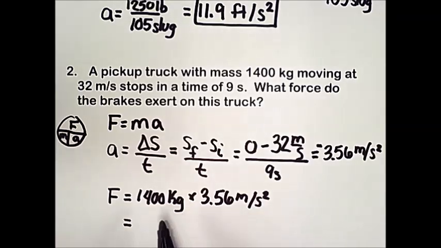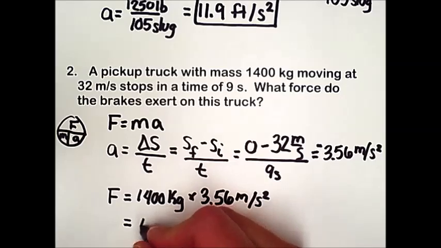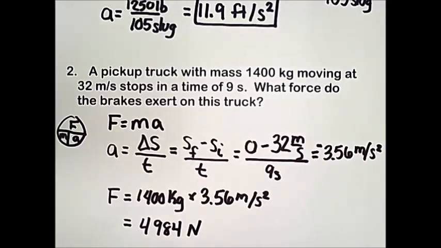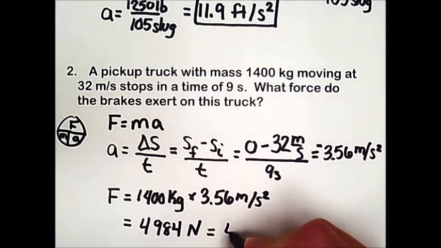So multiplying 1,400 kilograms times 3.56 meters per second squared, we get 4,984 newtons. But again, in this class, we want to round to 3 significant digits, so we're going to round to the tens place. So this becomes 4,980 newtons.